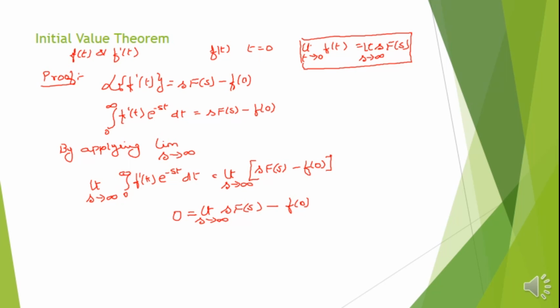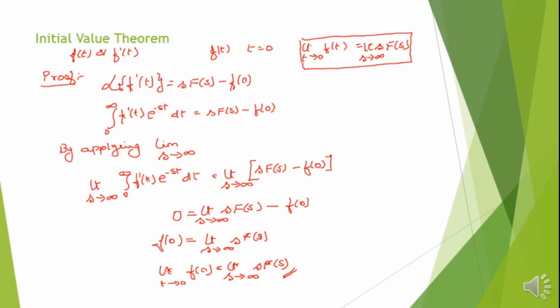So, f of 0 equals limit as s tends to infinity s F of s. f of 0 means what? Limit as t tends to 0 f of t equals limit as s tends to infinity s F of s. So, this is all about the initial value theorem.